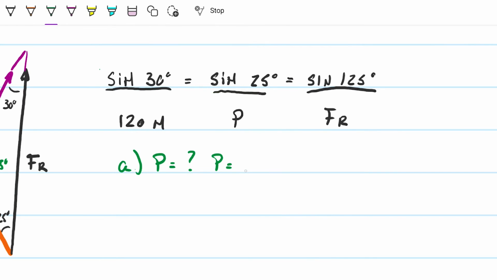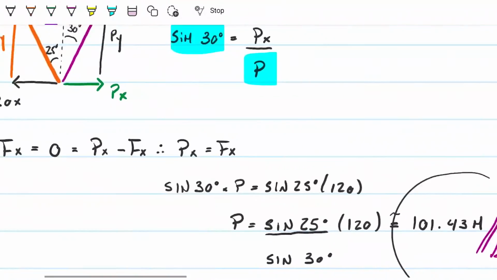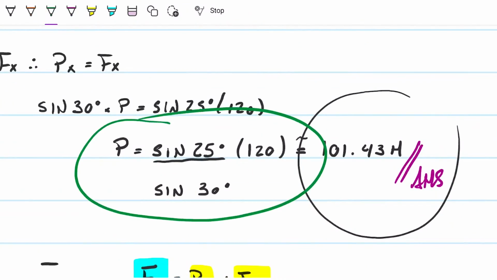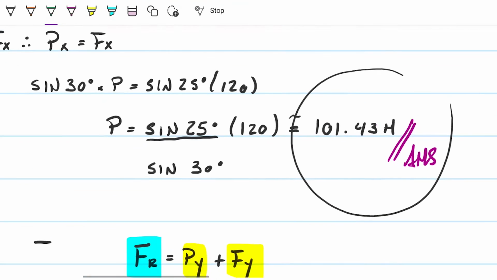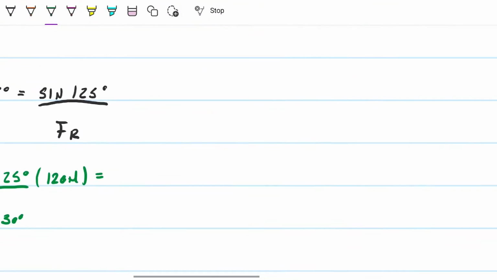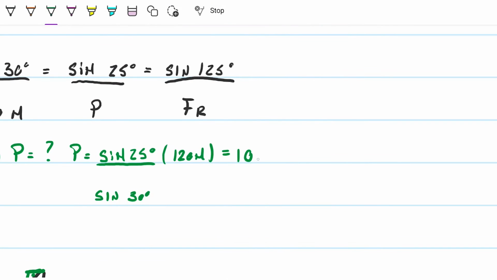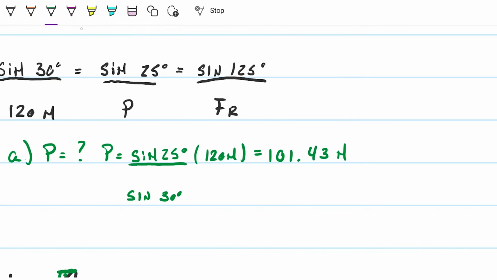So P is going to be the sine of 25 divided by the sine of 30 times 120 newtons, which is equal to, actually, that's equal to what we did exactly the same math before, right here. Check it out. Sine of 25 over sine of 30 times 120 equals approximately 101.43 newtons. Boom.